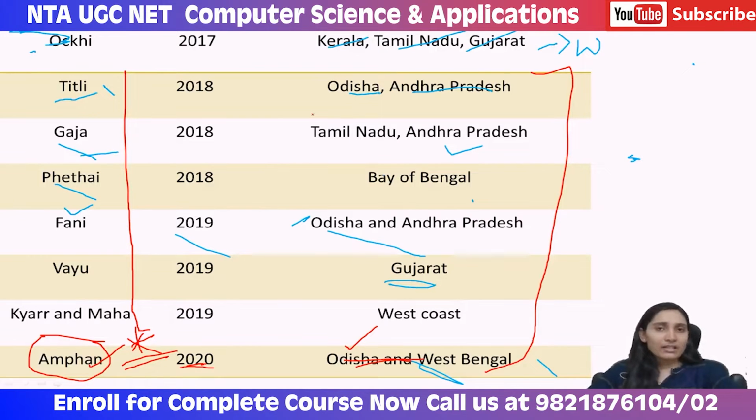So in all possibility, in the month of November itself, you will have your NET exams. So be prepared, and we will also make the classes a little more, maybe if required, 2 sessions per day. We will try to do that.